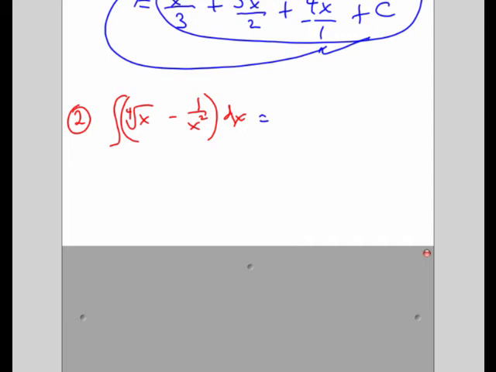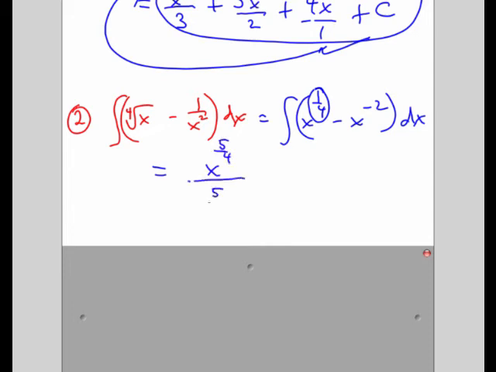Now let's apply the power rule to something a little bit more complicated. I want to integrate this function, which I'm going to write in exponential form. And I'm doing the reverse power rule. So I'm going to increase the power by 1, which is going to become x to the 5 over 4, and divide by that new power, 5 over 4.